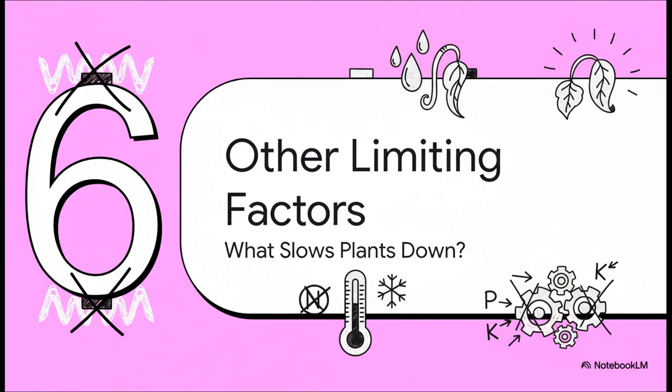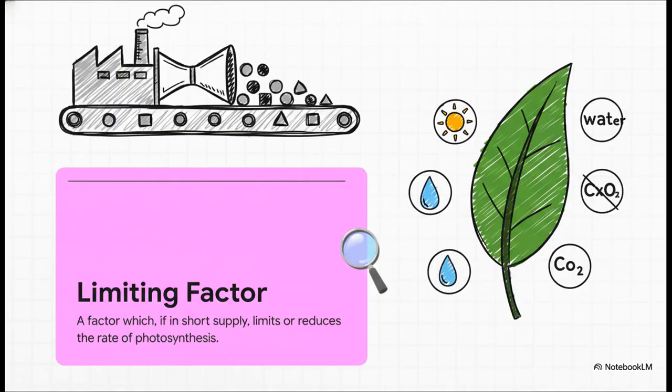But light isn't the only thing controlling a plant's speed limit. What other factors can hit the brakes on photosynthesis? The concept we need to understand here is called a limiting factor. Honestly, the best way to think about it is like a bottleneck in a factory. It doesn't matter how fast the rest of your assembly line is, right? Your total output is always going to be limited by the slowest part of the process.